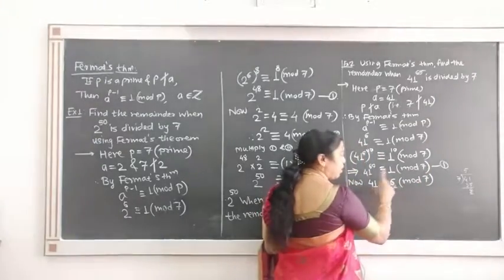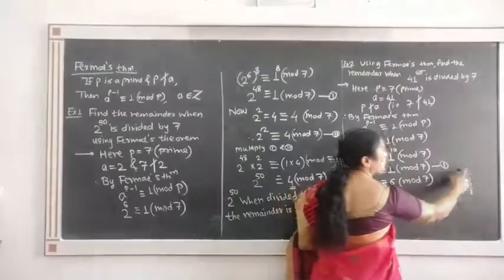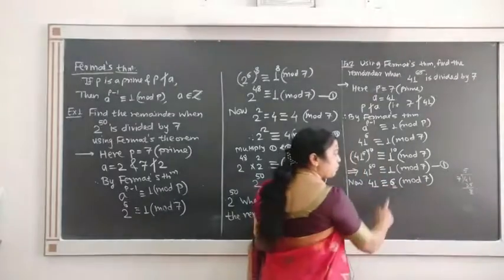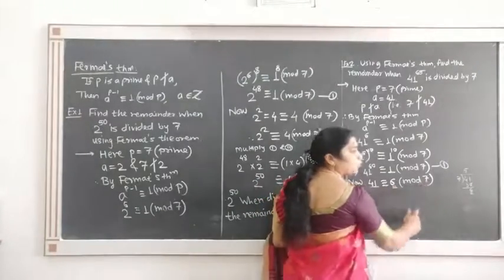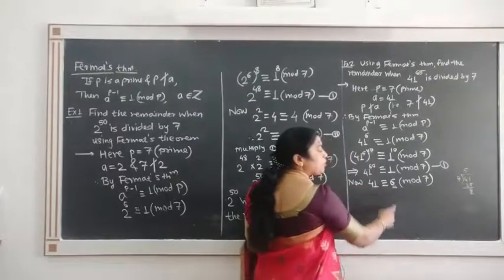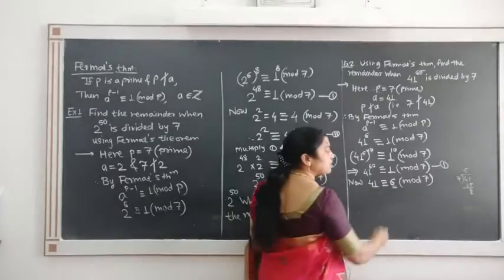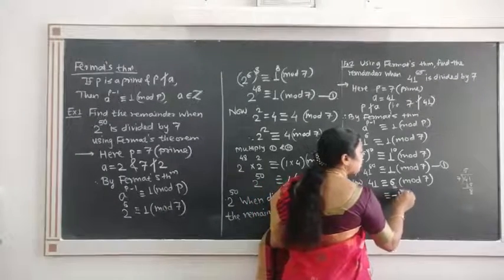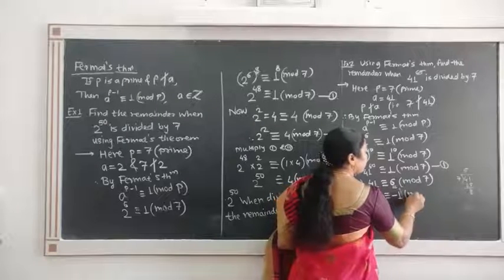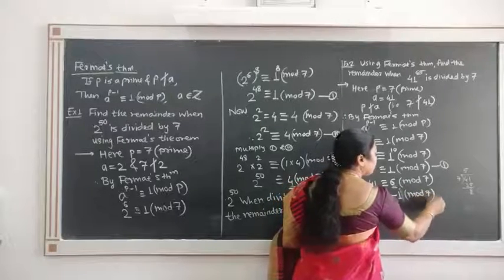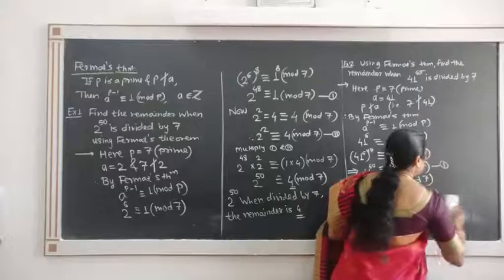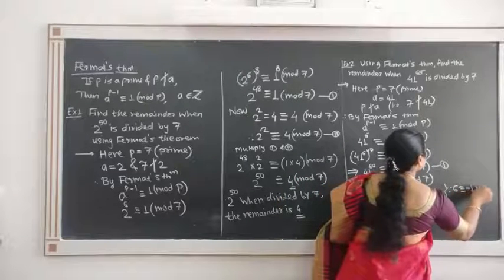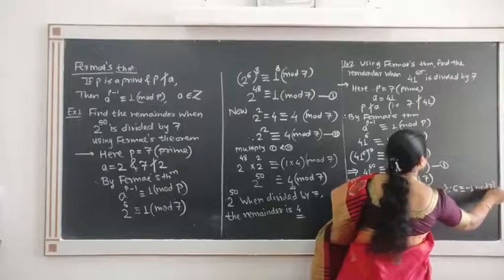6 is the remainder when 41 is divided by 7. Therefore, the remainder is 6. Now see, 6 is congruent to minus 1 modulo 7.